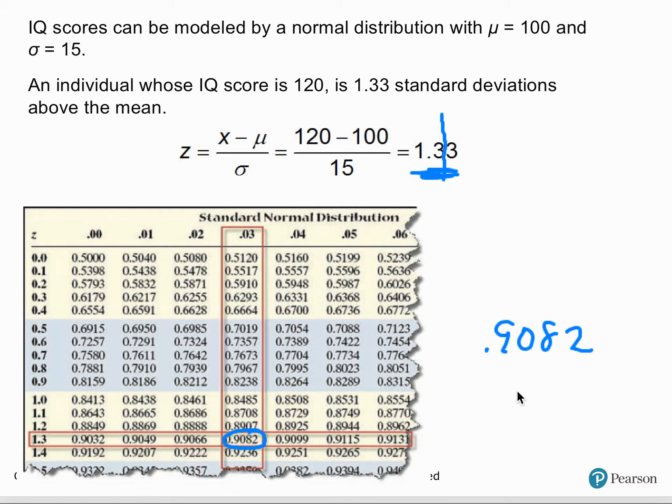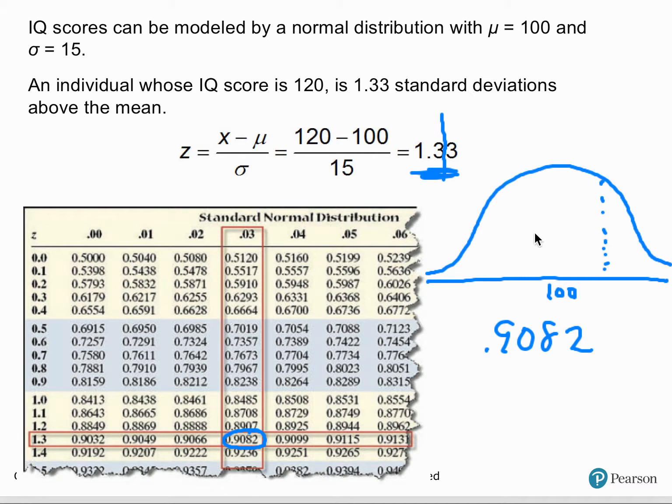Okay, let's talk a little bit more about this before we go on. Anytime I know it's normally distributed, I'm going to draw this curve, where this is our mean, and then we've got these 3 standard deviations. Sorry about my drawing here.